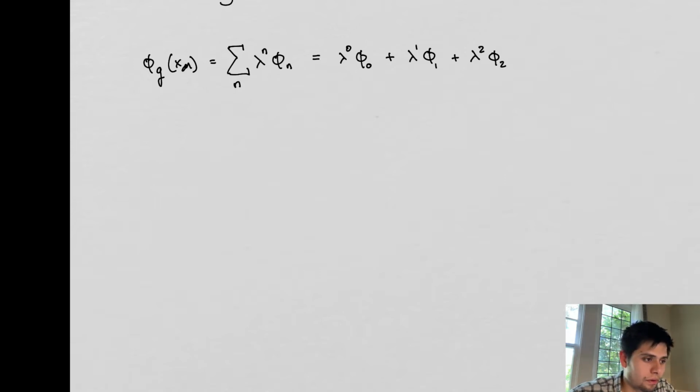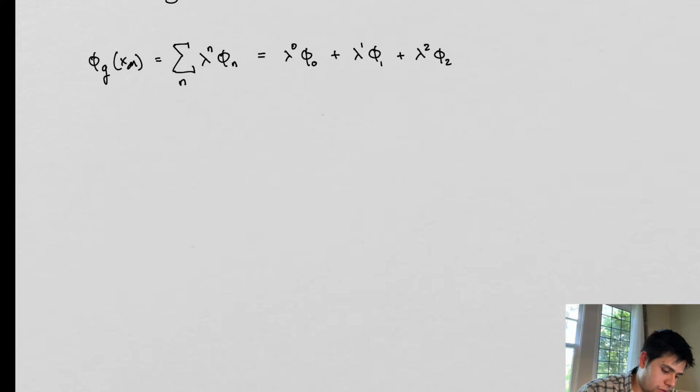And again, these are all functions of x. So to be more complete, we have phi 0 of x plus lambda to the 1st power, the first perturbation, plus lambda to the 2nd power and the 2nd perturbation on phi, and so forth.